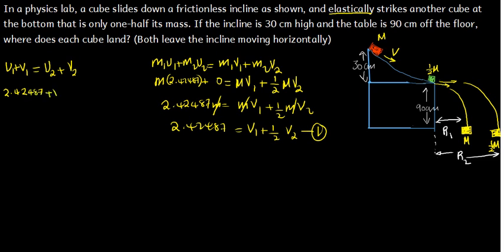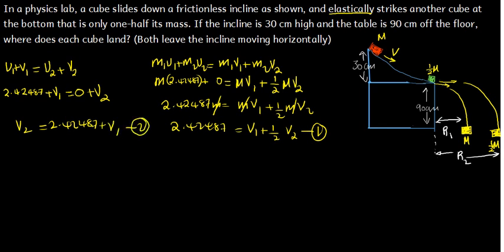The final velocity of the first mass we don't know. The second mass was initially at rest, so that is 0, plus v2, the final velocity. From here we make v2 the subject, so v2 is equal to 2.42487 plus v1. This will be our second equation.